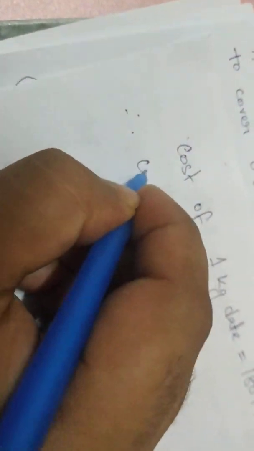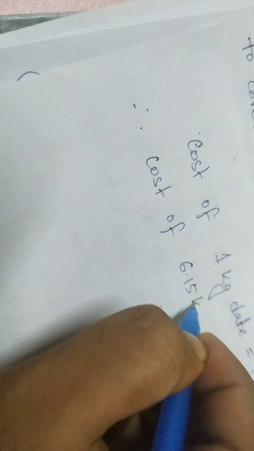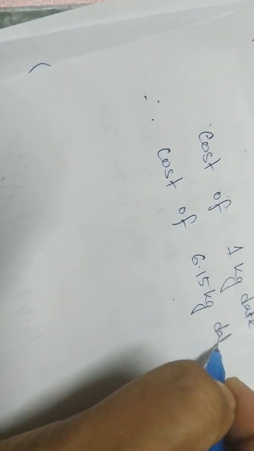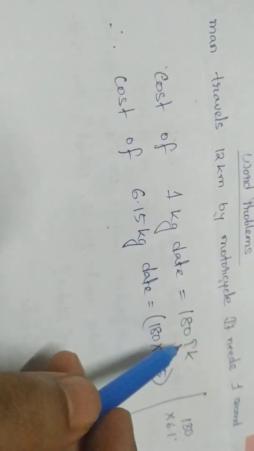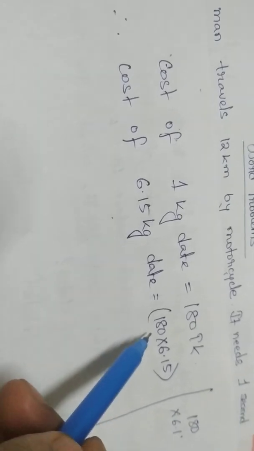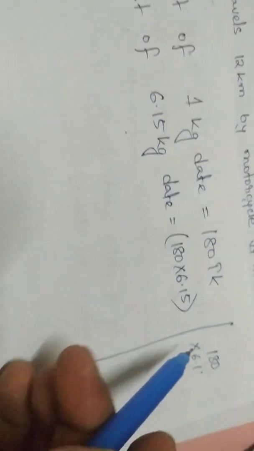Therefore, cost of 6.15 kg dates equals to 180 into 6.15. So if we multiply, we know how to multiply, right? 180 into 6. The cost of 1 kg dates is 180 taka, cost of 6.15 kg dates, just need to multiply.